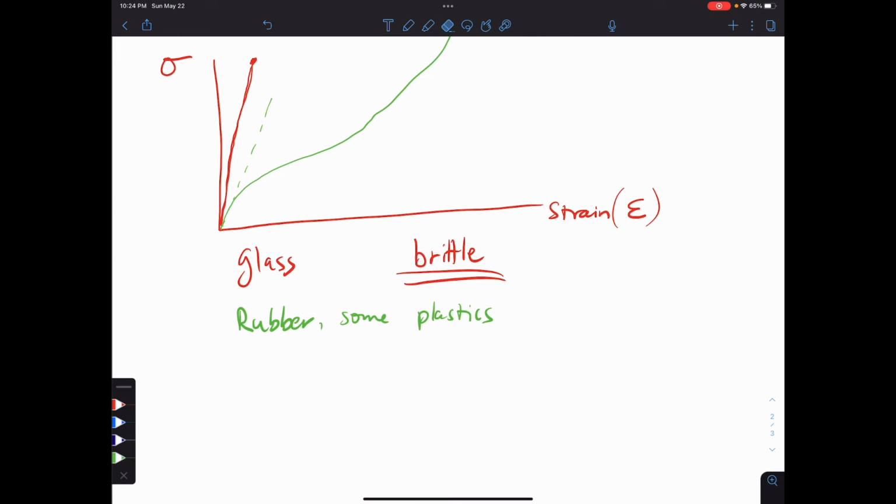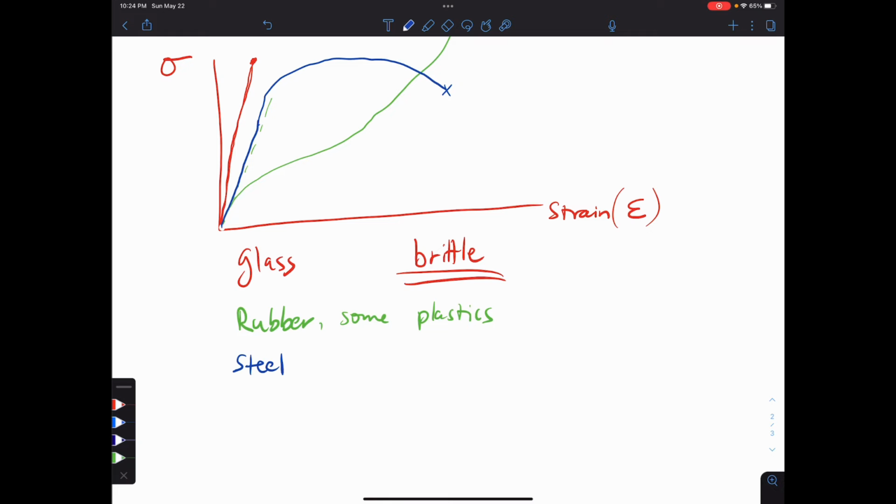So steel would have this nice straight region, and then it would start to bend over and go for a while and eventually break right there, okay?